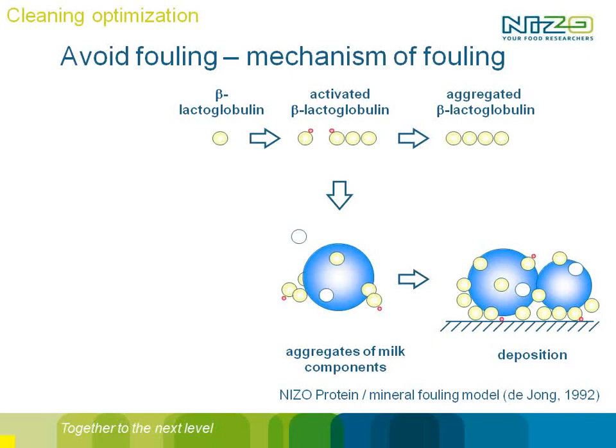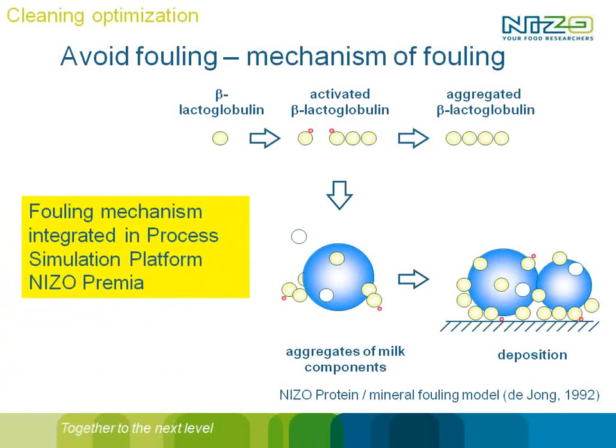Well, what we did was implement this mechanism into our process simulation platform called NISO-Premia, and Premia actually stands for Predictive Models for Industrial Applications. Well, the picture I show over here is a very qualitative way of showing it. We added kinetics to that.